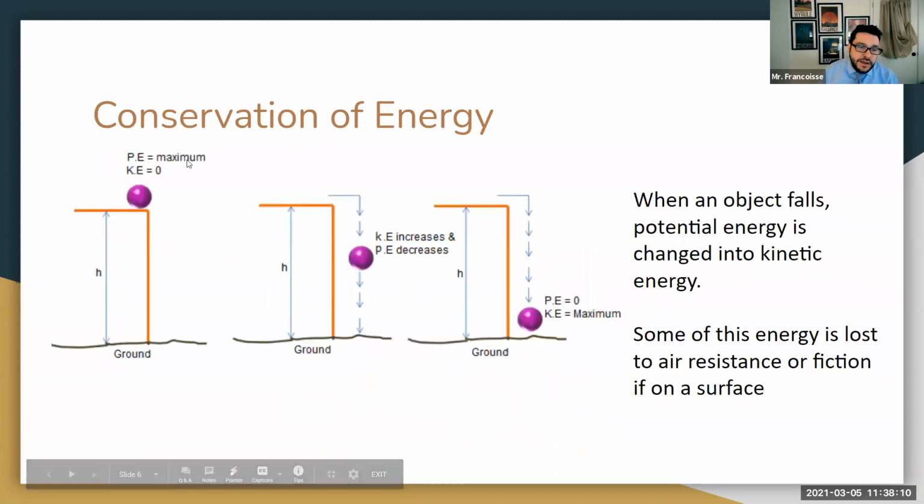Because if we look here, it's the maximum plus 0. Here, potential energy is 0. So the energy has just been transferred between position, how high it is, and movement, how fast it's moving.